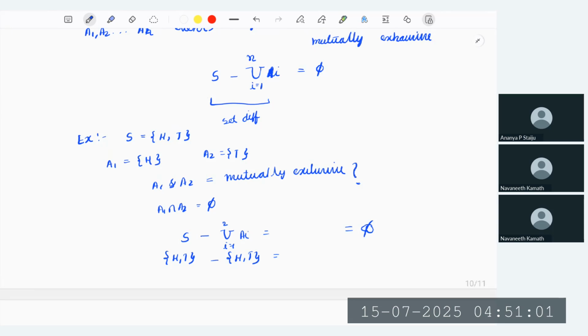Next topic, algebra of events. Now algebra of events.